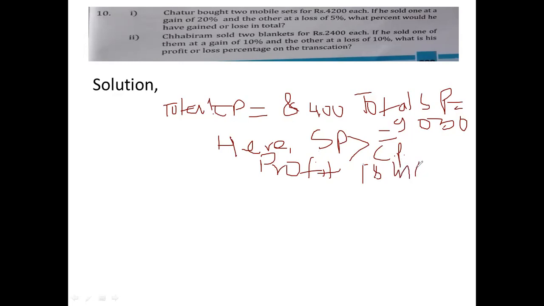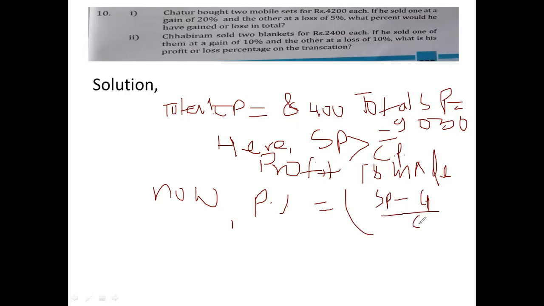Okay, children. After that, you can write here: profit percent equals SP minus CP by CP into 100%. Let's subtract 9,030 and 8,400.